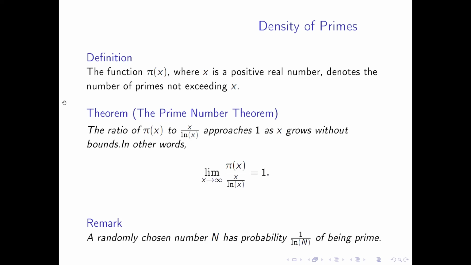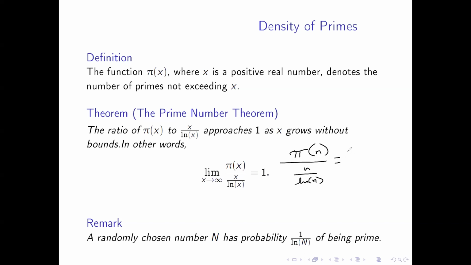if you take any x numbers, phi of x divided by x is going to be approximately the natural log. So this statement right here, I can write this way: phi of n over the natural log of n.